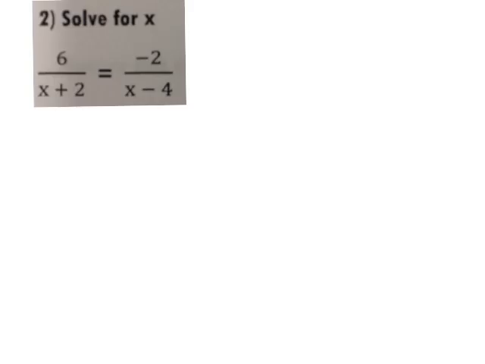And the easiest way to approach a rational equation in which you have a single fraction equal to a single fraction is to use something that you probably learned in Algebra 1. We're going to cross multiply. So I'm going to multiply 6 times the quantity x minus 4, and I'm going to set that equal to negative 2 times the quantity x plus 2.